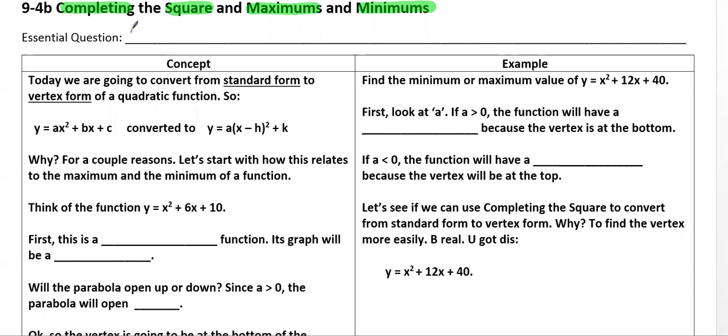So, essential question. How do I go from standard to vertex form of a quadratic function?